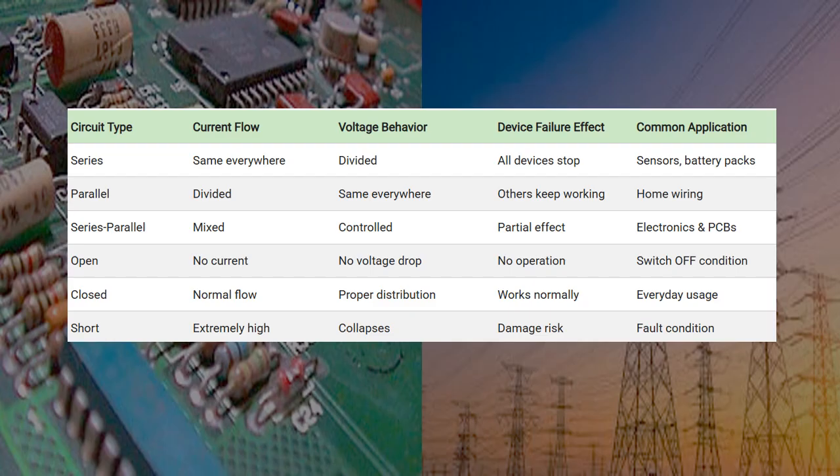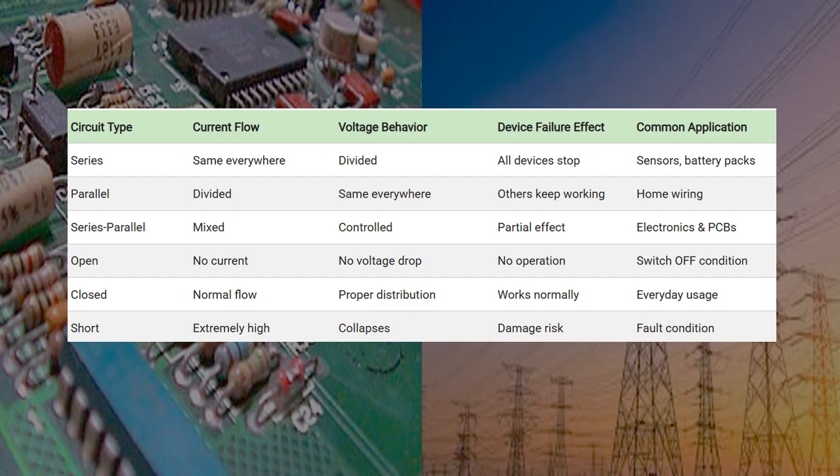Solar and car batteries are all series circuits. In some applications, if you want to increase the voltage level in a solar or photovoltaic system, they connect batteries in series. Solar panels are also connected in series, so the voltage adds up.